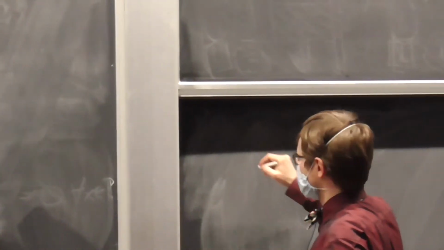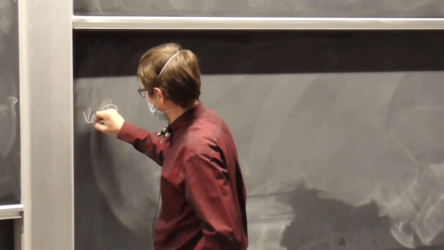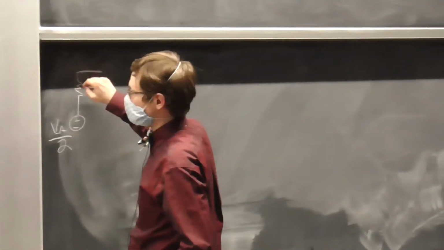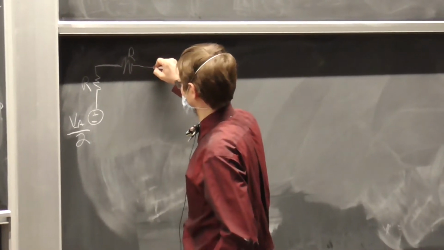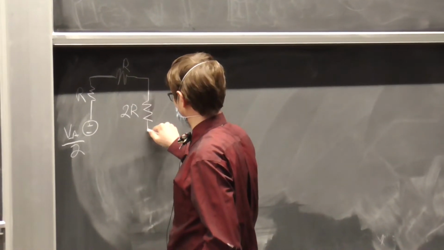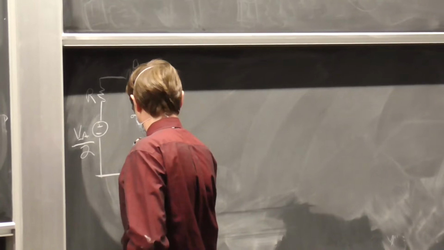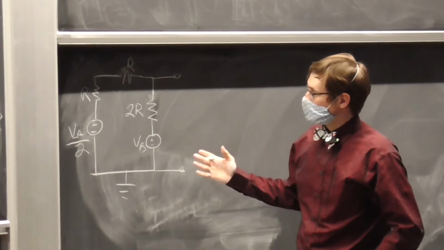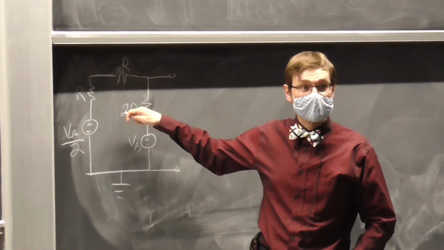Good. So, in that case, we have VA over 2 with a Thevenin resistance of R in series with another resistance of R, which is 2R here, VB. There we go. So what's the Thevenin equivalent resistance here?